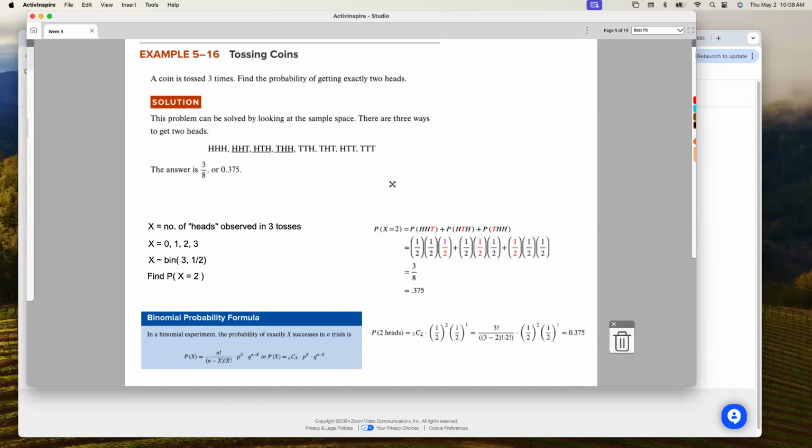This would not be using the binomial right here. We would look at the 8 outcomes. 3 of them include observing 2 heads, and therefore 3 out of the 8 possible would give us a 37.5% or 0.375 probability.